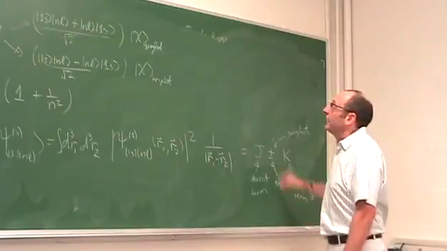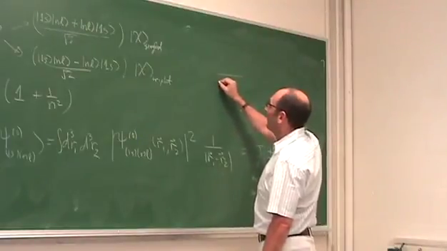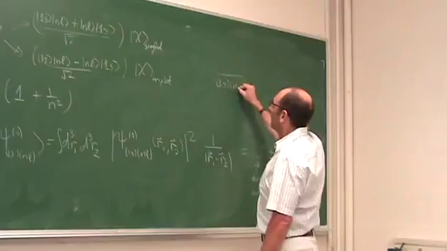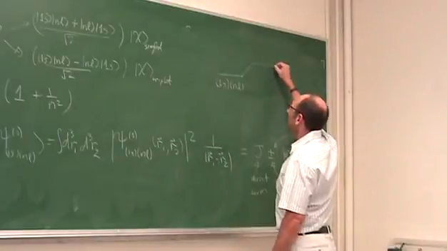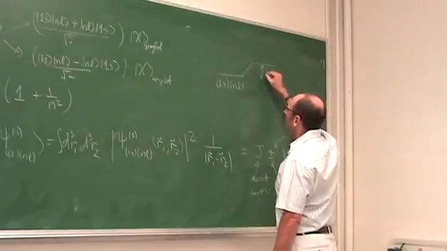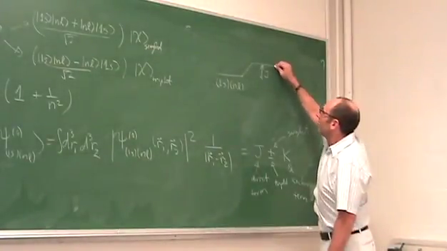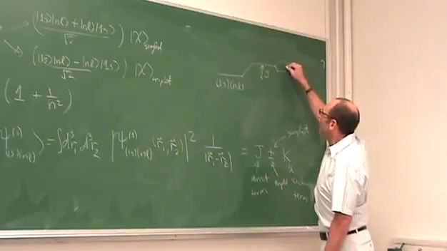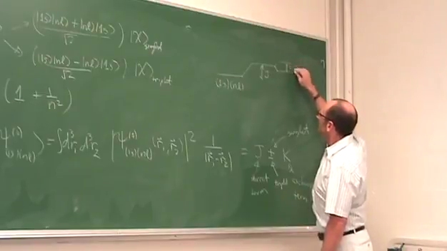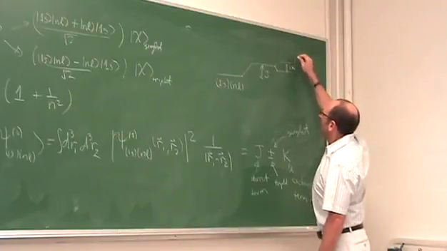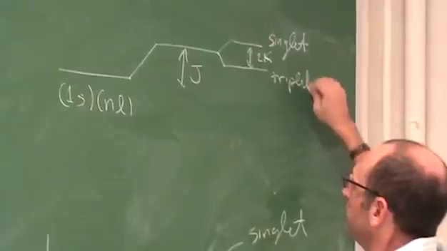So we can think about this from a perturbation point of view: I had the 0th order state. I have some repulsion ignoring the identical particle statistics, but then I get a splitting here, where the singlet is higher energy than the triplet.